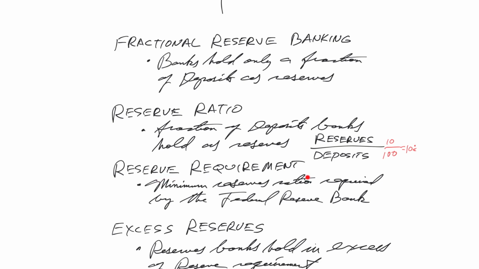The reserve requirement. Well, the Federal Reserve Bank is one of the regulators of banks, and that's what it was created to do. We'll talk more about that later on. Because banks have an incentive to make money, they're going to hold as few reserves as they can and lend out as much as they can.